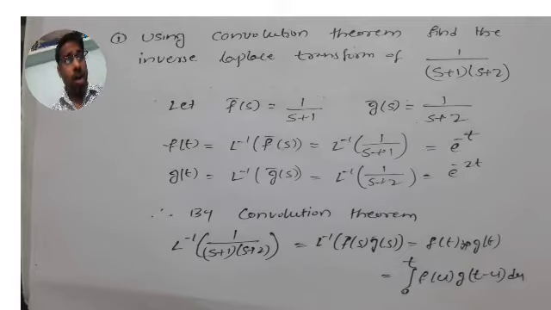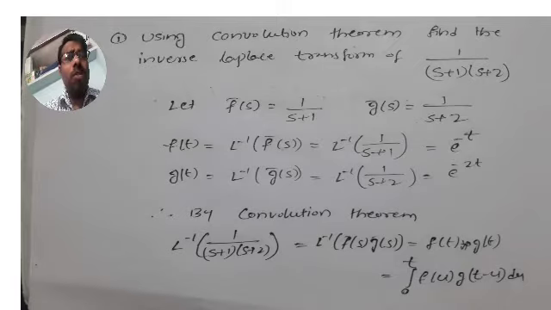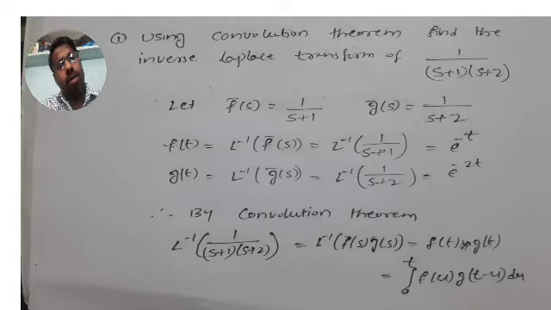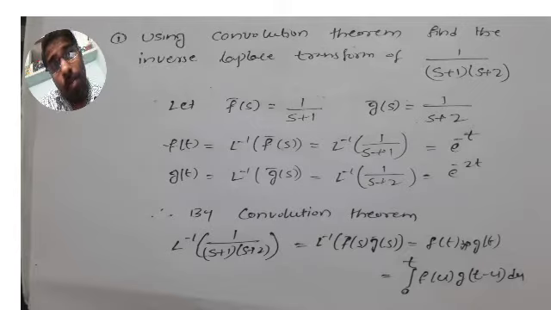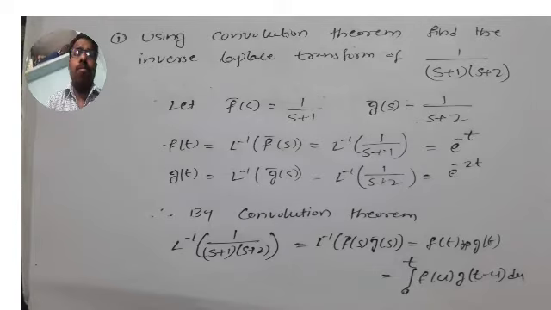If you do it by other methods, you won't get any marks. Every time you will get 5 marks from this topic and this concept, and in every question paper you find a problem like this, and every time it mentions using the convolution theorem. So be careful, guys. Using convolution means you have to use the convolution; no other method works here.